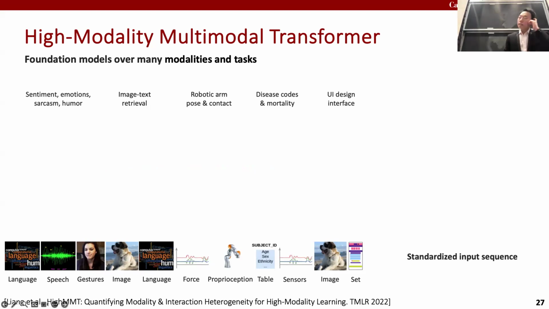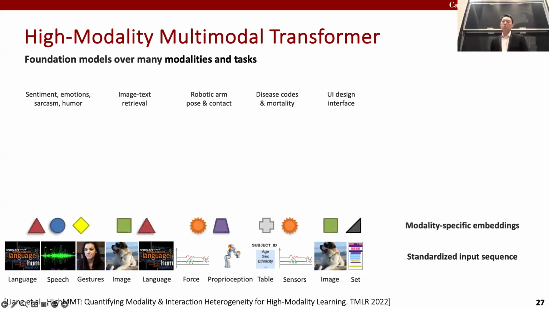And one recipe for doing that is, despite all these modalities being very different, at a first order approximation, you can treat them as some form of input sequence. You can see images as sequences of patches, text as a sequence of words, sensors as a sequence of time series, and so on. You can apply modality-specific embedding. This identifies that language appears in one task and language will appear in this other task.